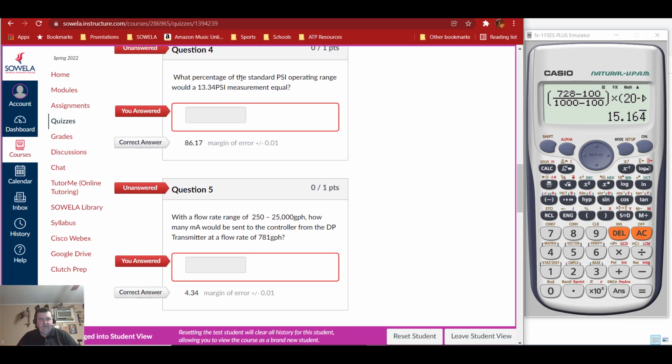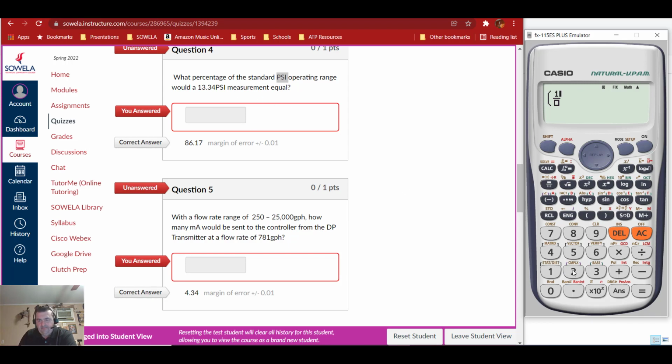Number 4, what percentage of the standard PSI operating range would a 13.34 PSI measurement equal? We still cannot use formula number 1 here because we're not given a percentage, we're looking for a percentage. And we have changed ranges from milliamps to PSI. So we're going to open parentheses, hit over under.